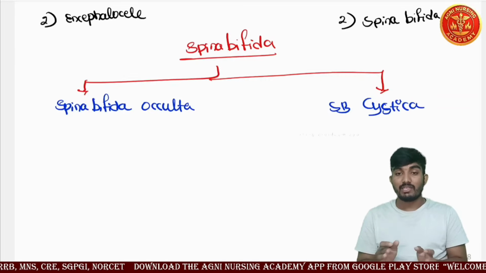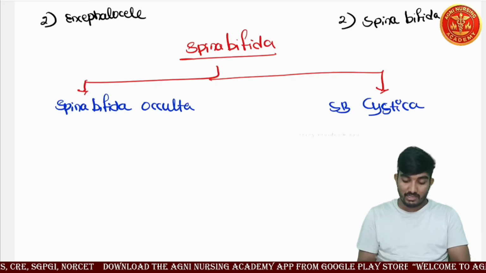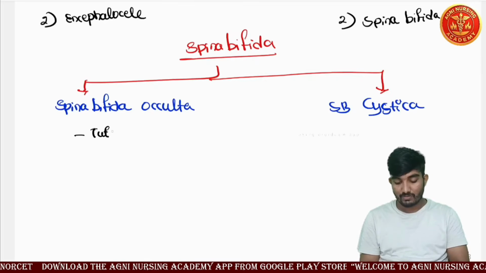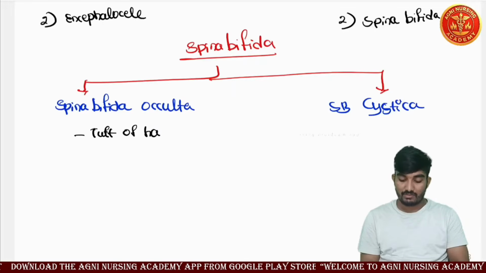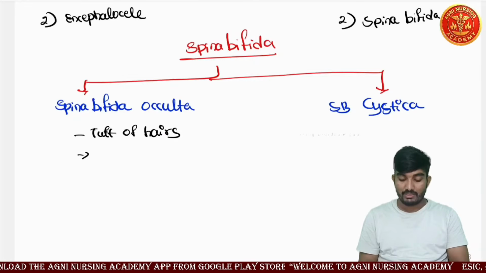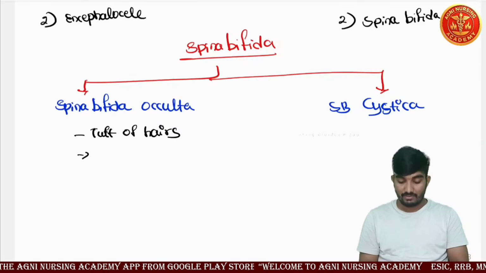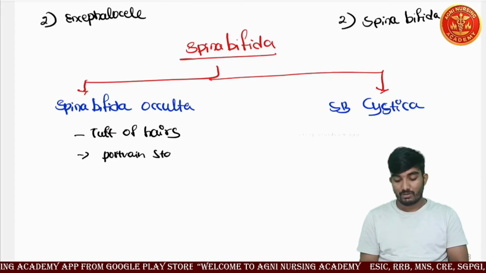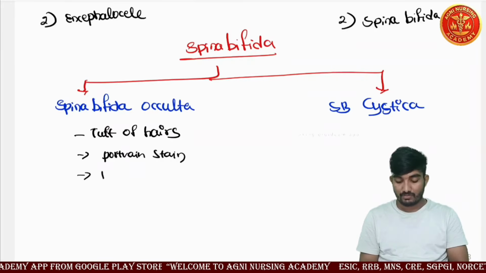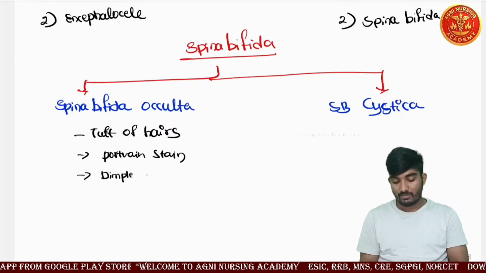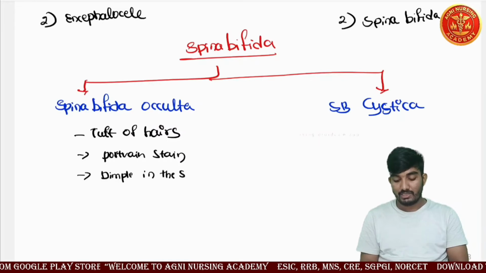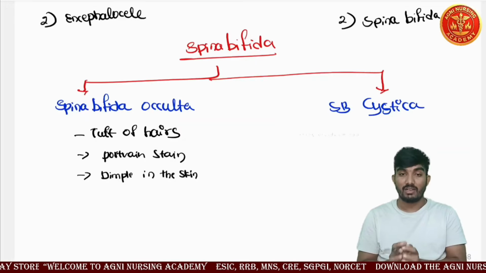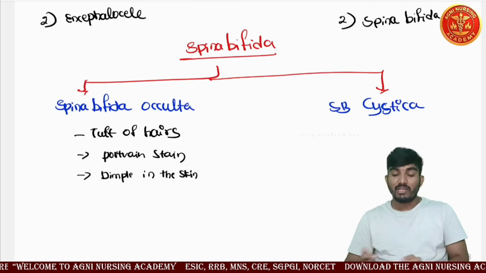At that location, there is a tuft of hair, a port-wine stain, and a dimple in the skin.